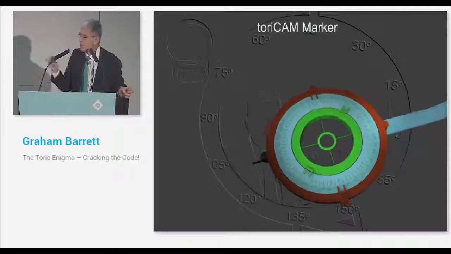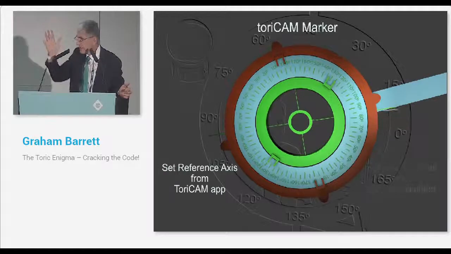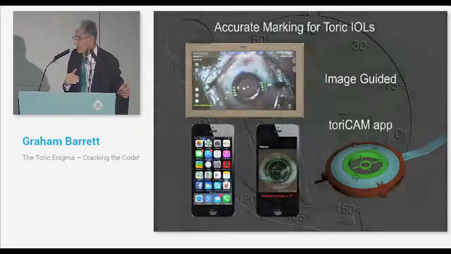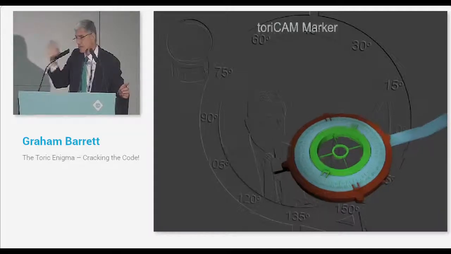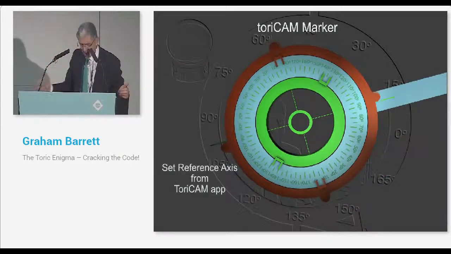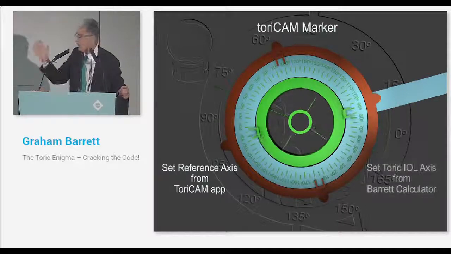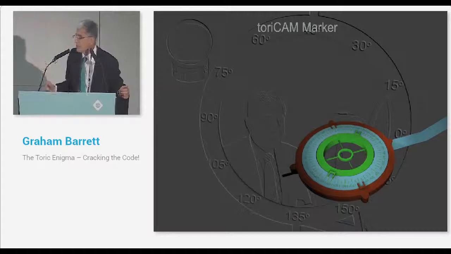And quite simply, what this will do is allow you to set the toric axis independently of the reference axis. Of course, you could do a mental calculation and offset your toric axis. I think that could be fraught with hazards. Better stick to what the calculator tells you is the IOL axis, and for the reference axis, take that from the ToriCam app.